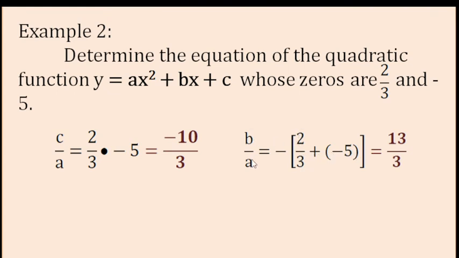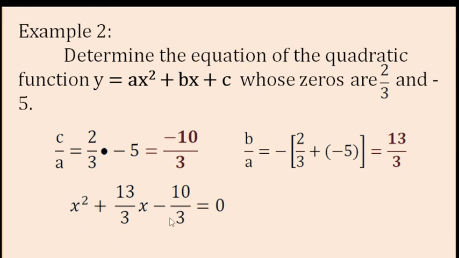So the b over a is actually the opposite of the sum, 2/3 plus negative 5, which is negative 13 over 3. Because it's the opposite, it's 13 over 3. Now, we can now write our quadratic equation. So x squared plus 13 over 3 x minus 10 over 3.